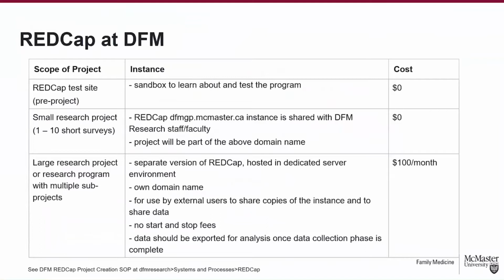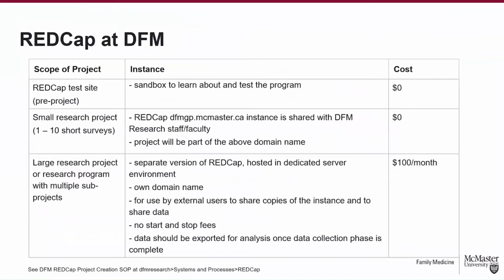So for DFM, we have three options. We have what's called a sandbox, where anybody can go on and just play around with the program and test things out. And then if you want it for building projects, we have two options. We have a DFM-wide instance where it's shared between all faculty and staff.